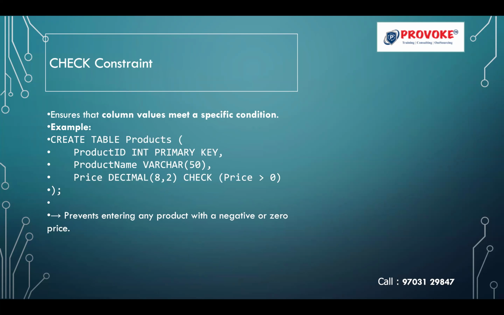Next is check constraint. It ensures that column values meet a specific condition. For example, in general programming, you write the if condition, right? And you will be checking for multiple conditions: if, elif, else. So in that, you are going to check some condition.